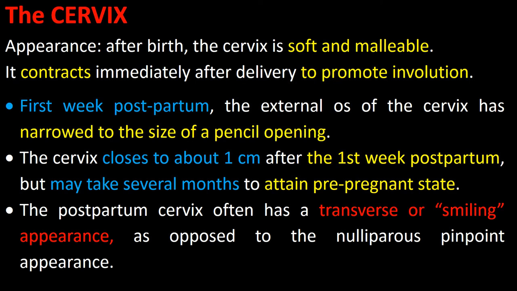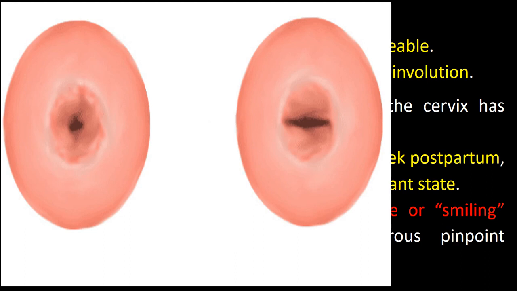Now, the postpartum cervix often has a transverse or smiling appearance as opposed to the nulliparous pinpoint appearance. So kung yung babae po ay hindi pa siya nanganganak, ganito po yung itsura ng kanyang cervix. It is circular in appearance.